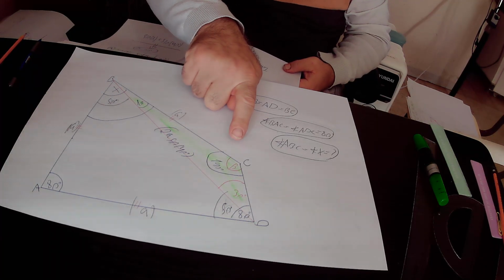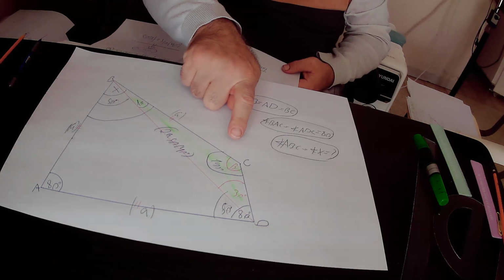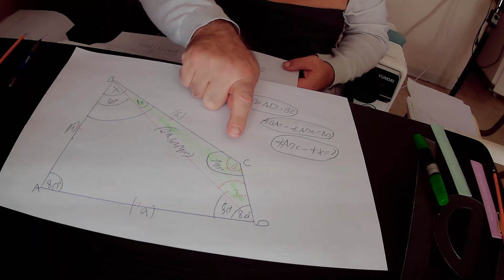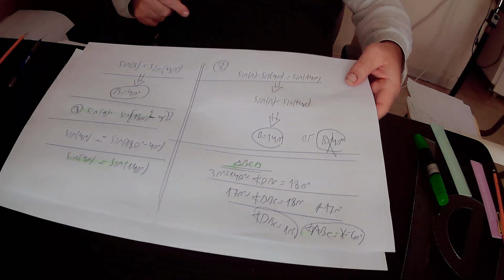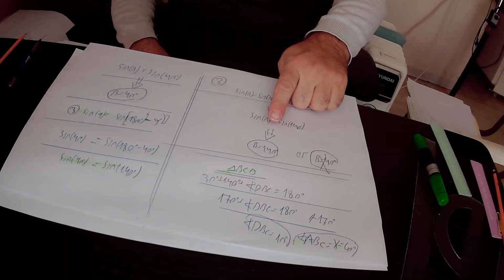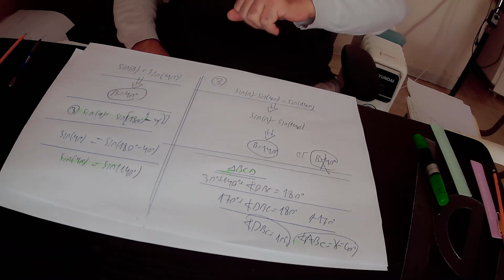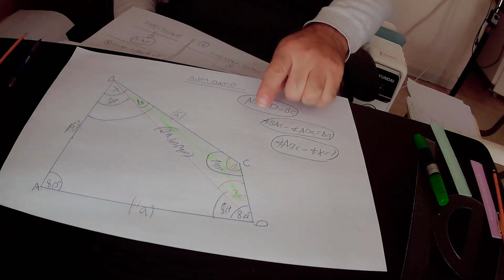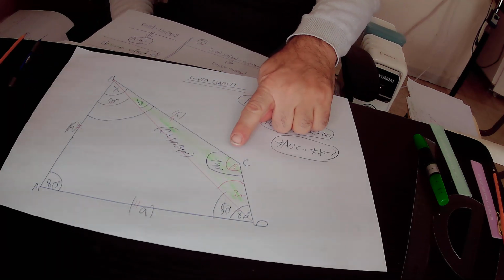It is very easy to see that angle beta is definitely greater than 90 degrees, so it could never be equal to 40 degrees, which is less than 90 degrees. So we discard the first solution and take into account only the second solution, that beta equals 140 degrees in size.